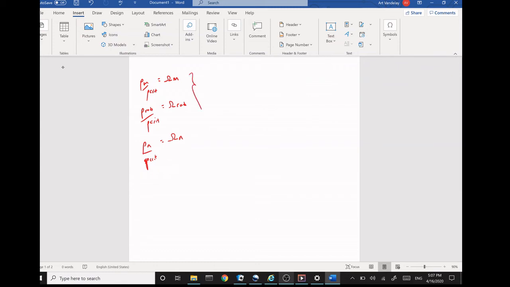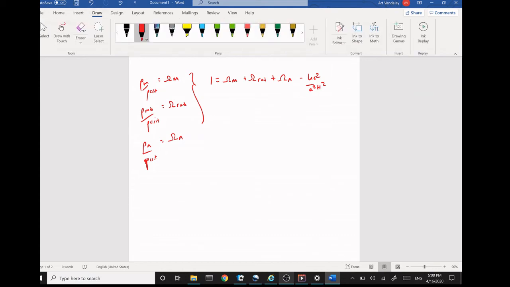And if I take these definitions and put them back into my FRW equation, I'll have omega m, omega rad, omega lambda minus k c squared over a squared h squared. Okay, so one last step over here. What we're going to do is take all of these and add them up together.